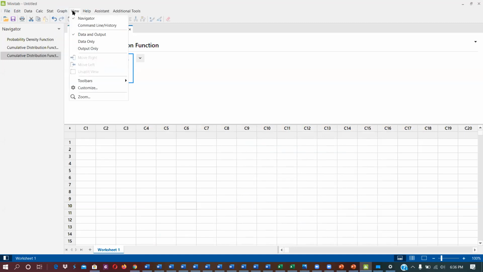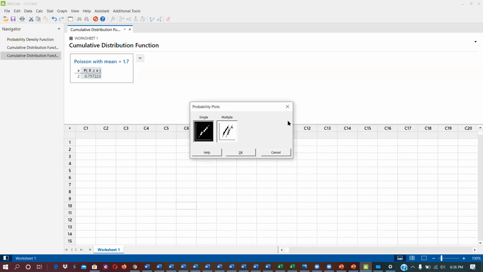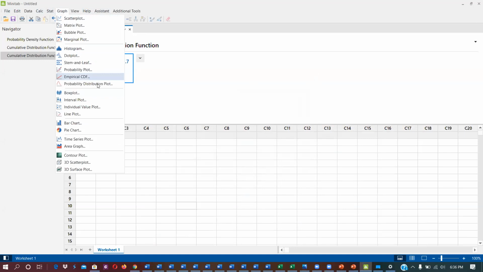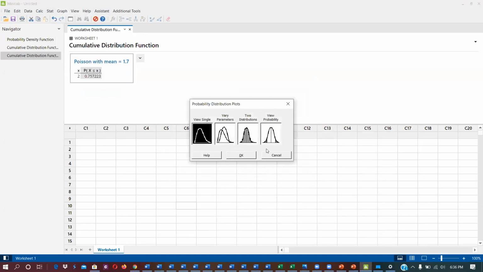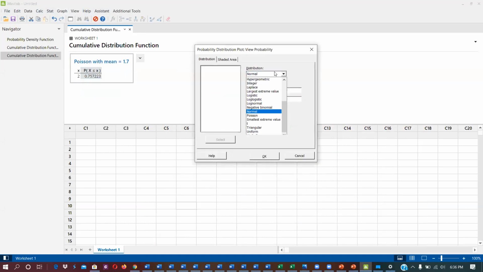And here we also have graphs, and we have the probability plot. Under graph, probability distribution here. Here you can choose all the distributions, where's the binomial distribution here.